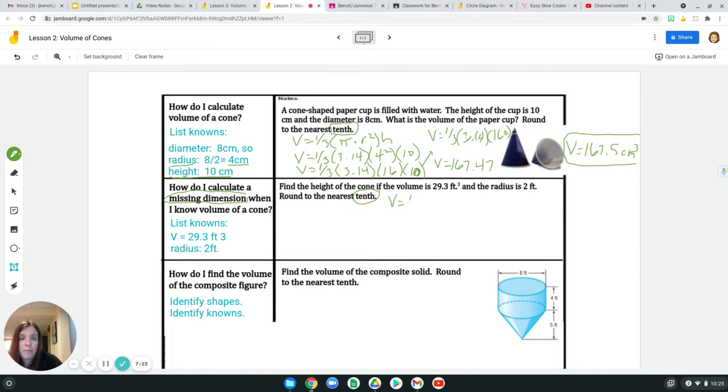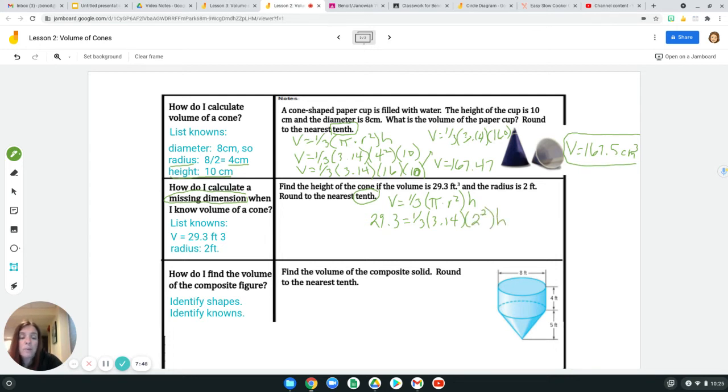Let me just write my formula so I can see where I'm substituting things in here. Okay, in place of volume goes 29 3/10. So the big V goes away. The 1/3 stays. Pi becomes 3.14. Radius squared is 2 squared.